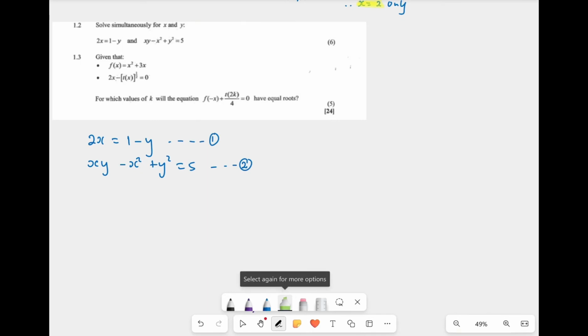Now, from equation number 1, we can make x or y the subject of the formula. Because the coefficient of y is 1 or negative 1, it is very easy to make y the subject of the formula.